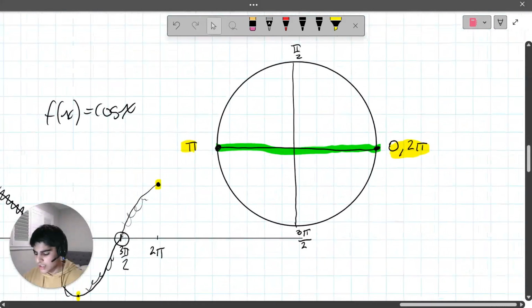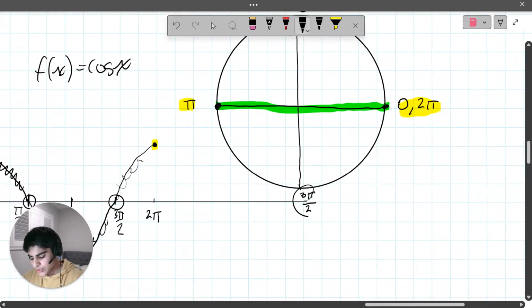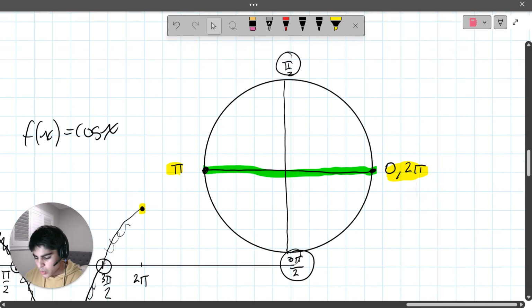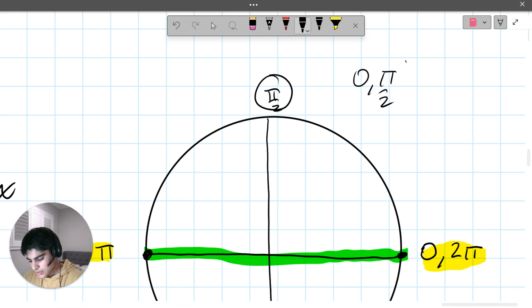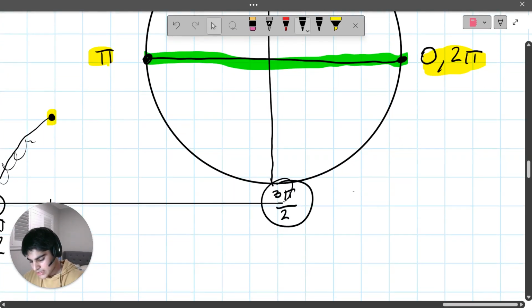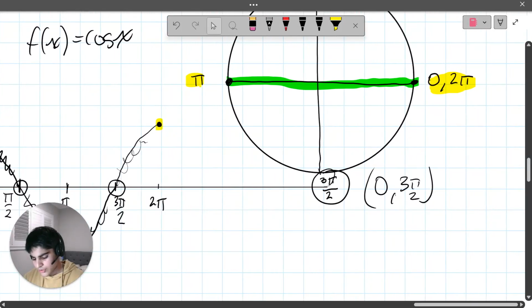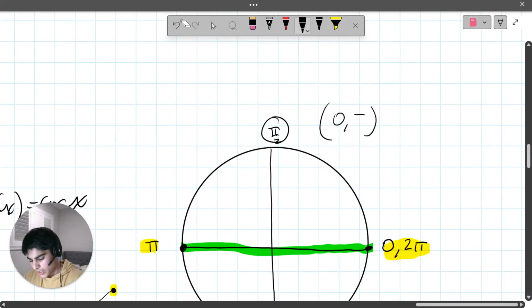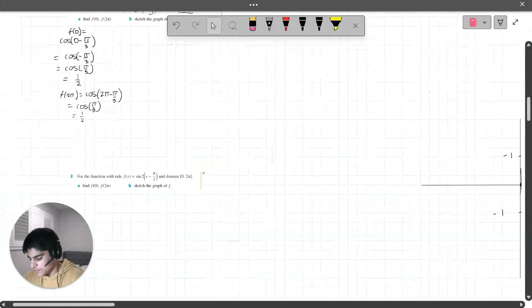Cosine is 0 at 2 points, pi on 2 and 3 pi on 2, because cosine represents the length of the x coordinate, and at these 2 points the coordinate here would be 0. Sorry, no, not 3 pi on 2, negative 1 and 1. Yep. Now on to some questions.